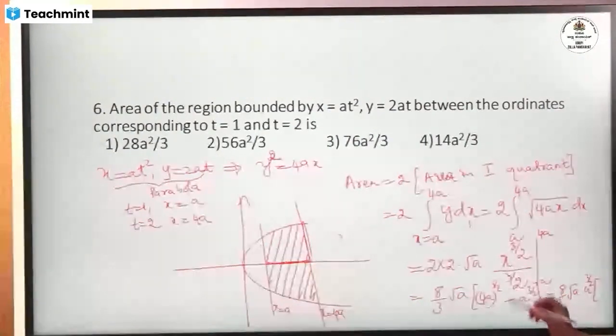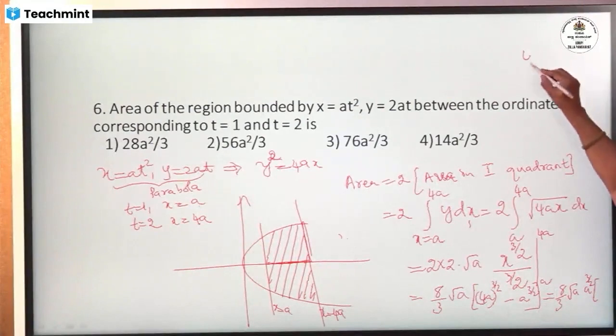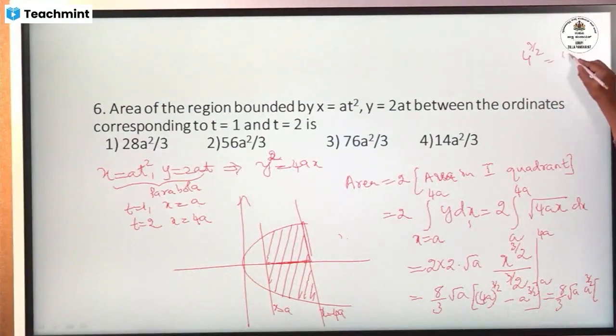So 8 by 3 root a, to the power 3 by 2. What is 4 power 3 by 2? 4 power 3 by 2 means 4 power half whole cube. 4 power half means root 4, which is 2. So what I get is 8. Is it not? So 8 is 4 power 3 by 2. Therefore, this is 8 minus 1.